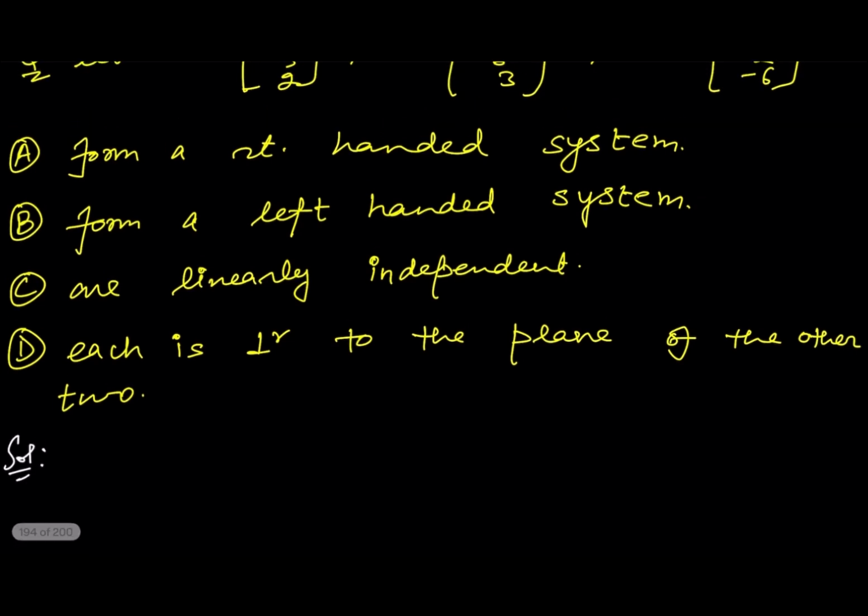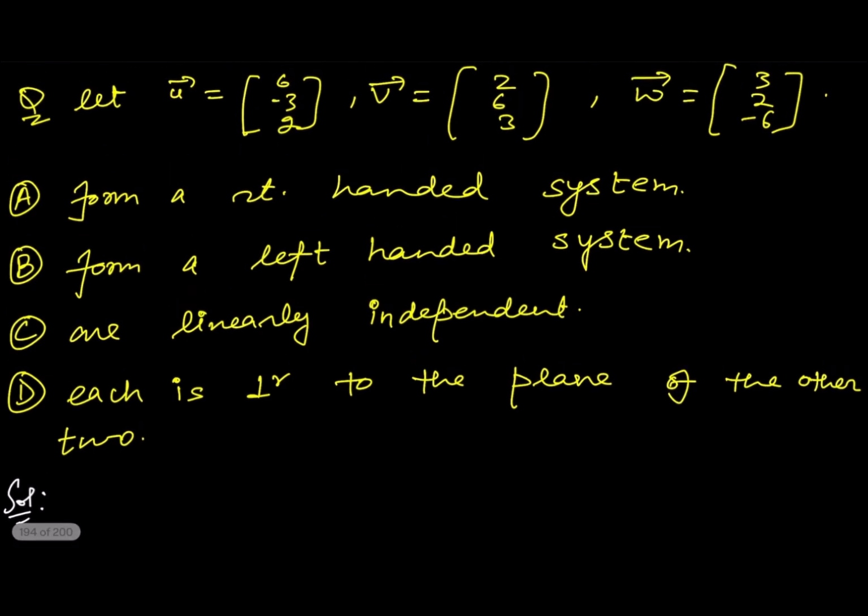A right-handed system or left-handed system is determined by the determinant of u, v and w. If the value of the determinant is positive, then the system is right-handed, and if the value is negative, then the system is left-handed.